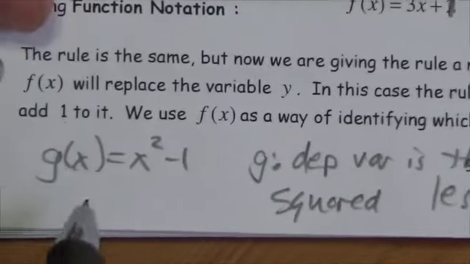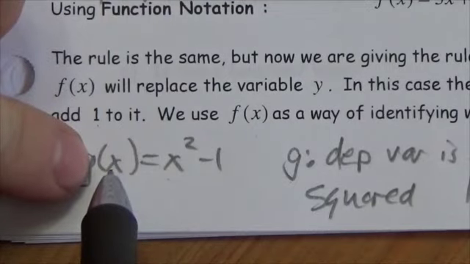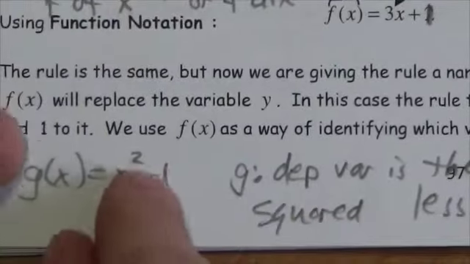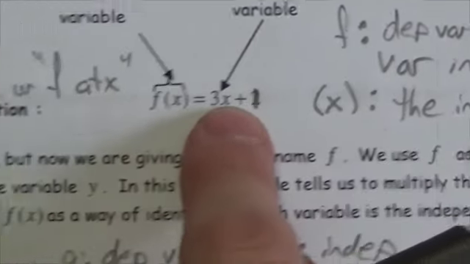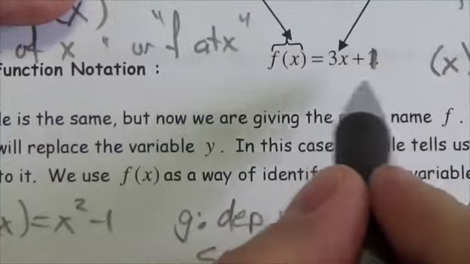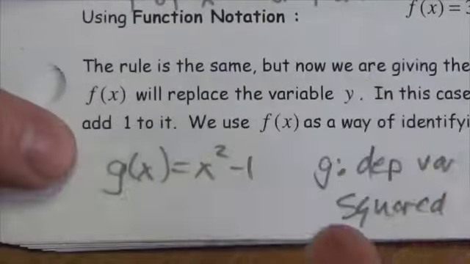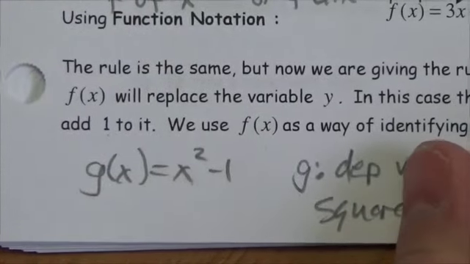So g of x means the independent variable squared minus 1, so x squared minus 1. Now if I'm dealing with two different functions, when I refer to f, you would know in context that means 3x plus 1. If I refer to g, I'm referring to x squared minus 1.